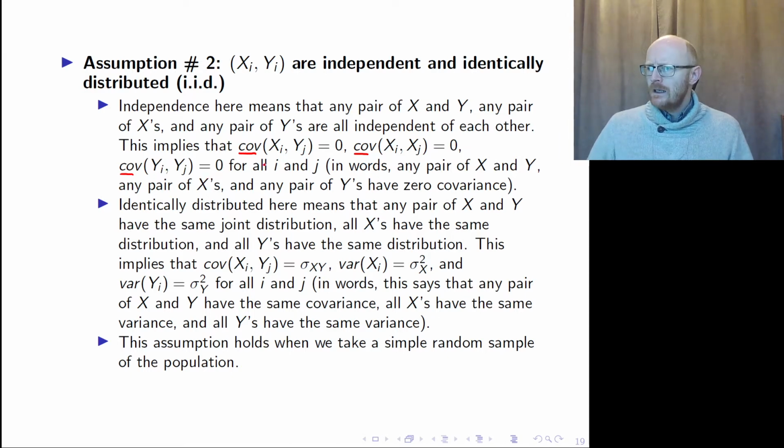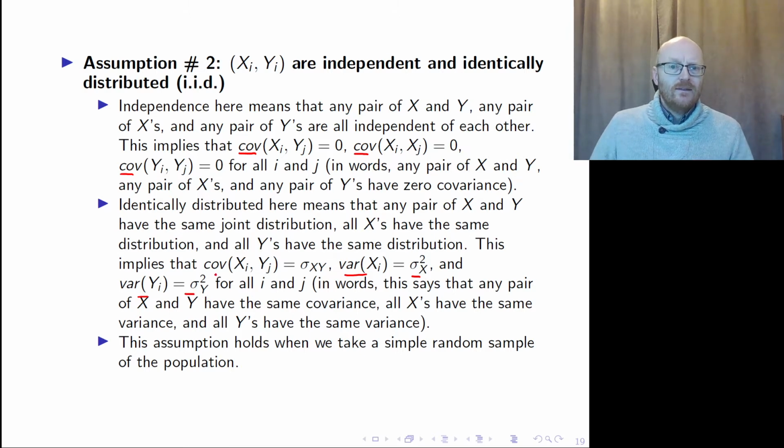Okay, and if this holds, it means that all of these pairs have the same distribution, right? So the variance of x should be a constant, and the variance of y should also be a constant.